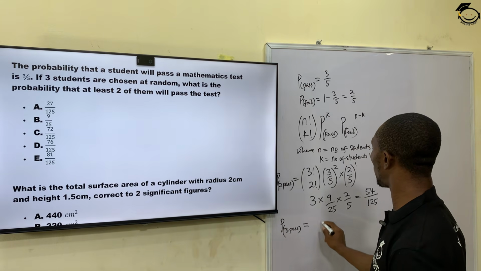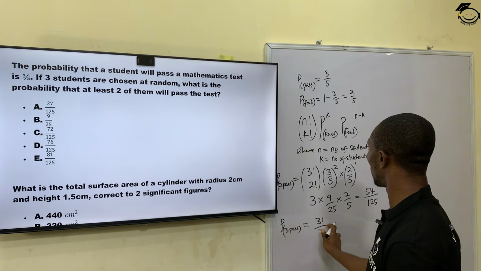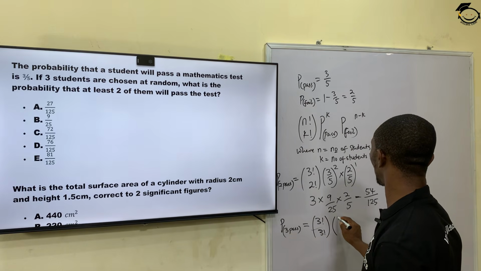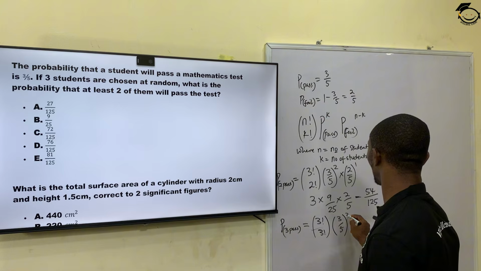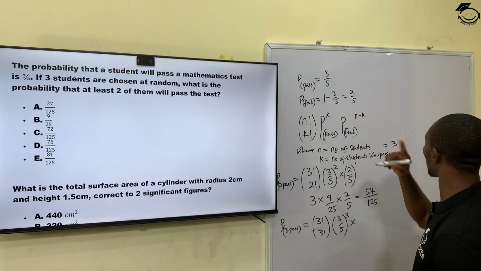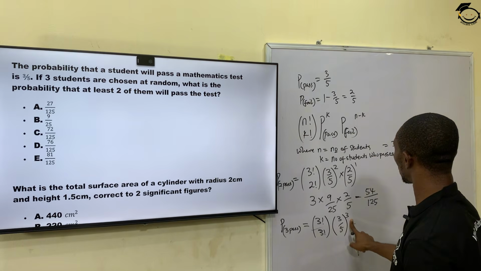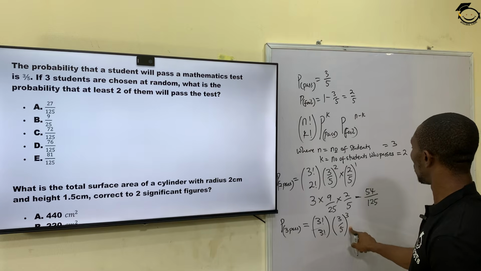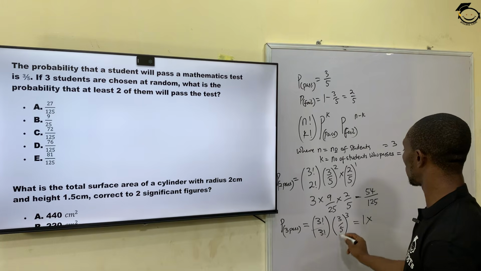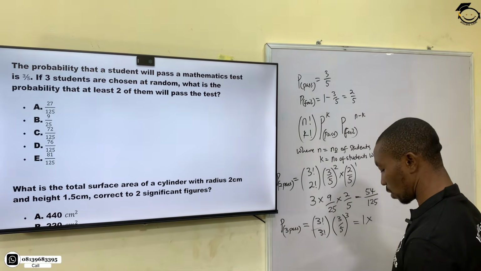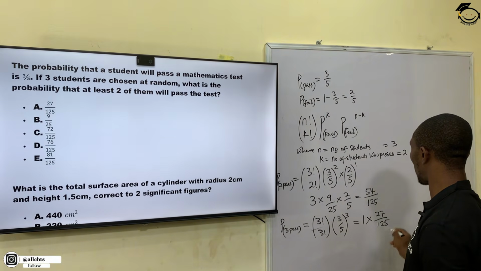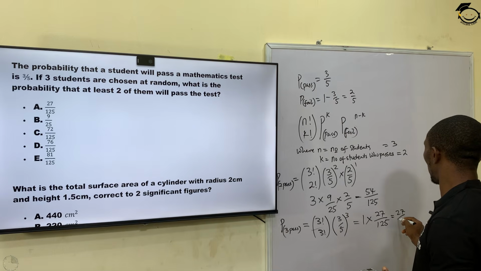So the probability that 3 will pass will be 3 factorial over 3 factorial, times 3 over 5 raised to power 3, times the fail part raised to power 3 minus 3, which is 0, so this will be ruled out. So this will be 1 times 3 raised to power 3, which will give us 27. 9 times 3 is 27 over 125. So this gives us 27 over 125.